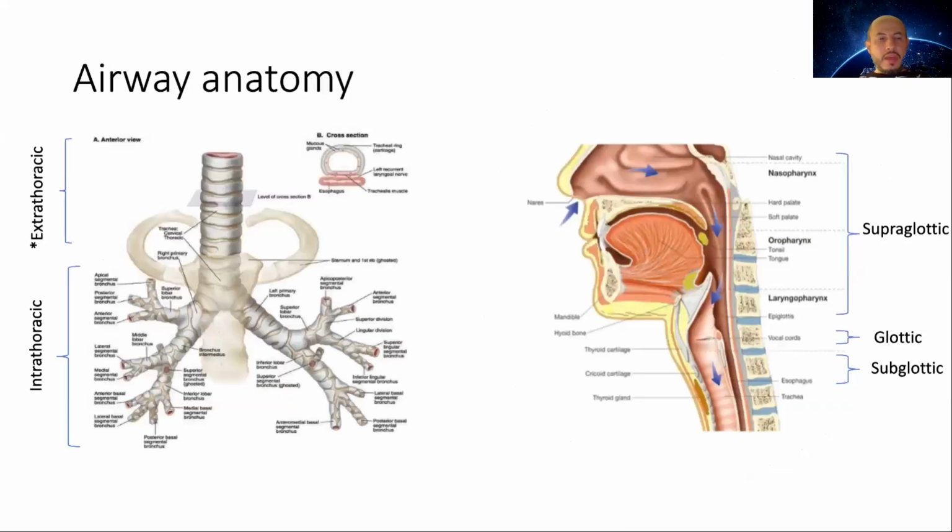So we will start with the airway anatomy. It is very important to understand the airway anatomy, because without it, it's very hard to understand the cause of the airway obstruction. So airway obstruction, we can divide into upper and lower airway obstruction.